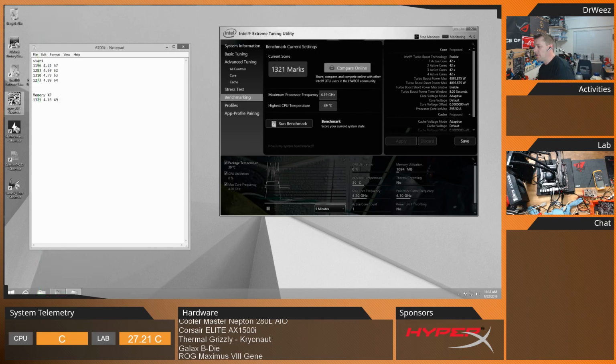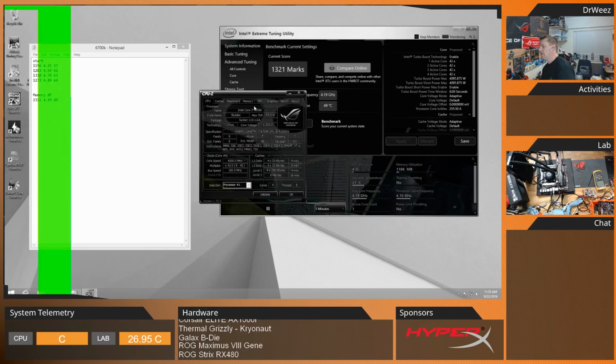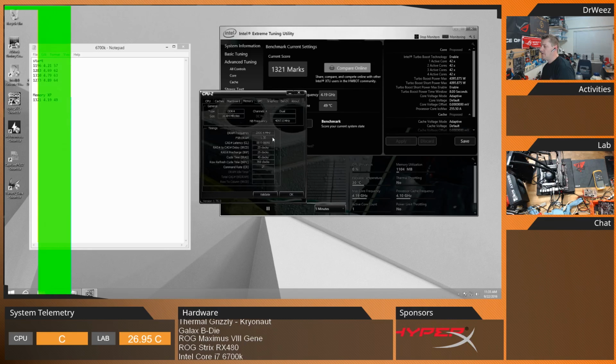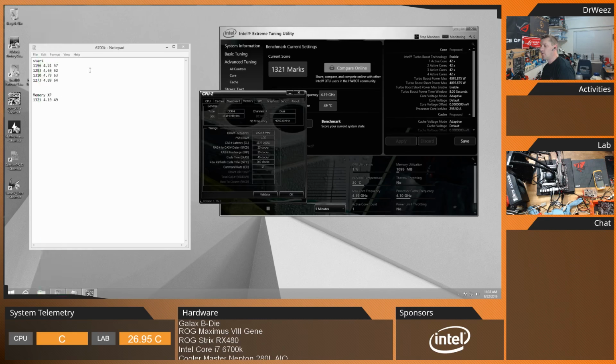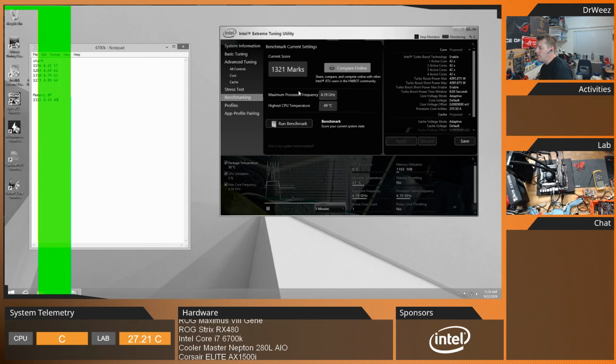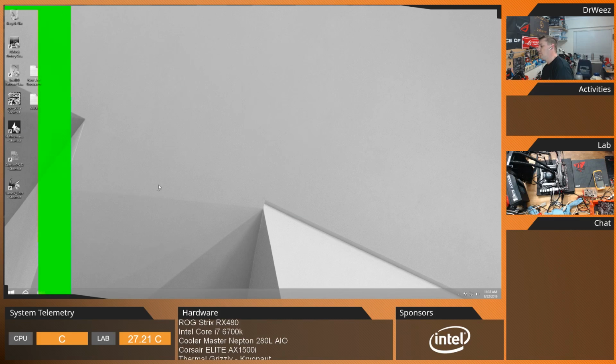What our memory is set to at the moment is 2000 megahertz, you can see here. Just that boost in memory clock has pushed our score up past where we were able to reach with a 4.8 overclock. So with that in mind, we now set the CPU up with the memory up, and we see where we get to.